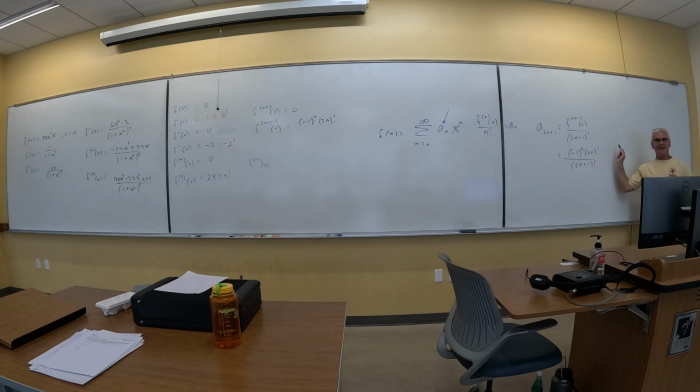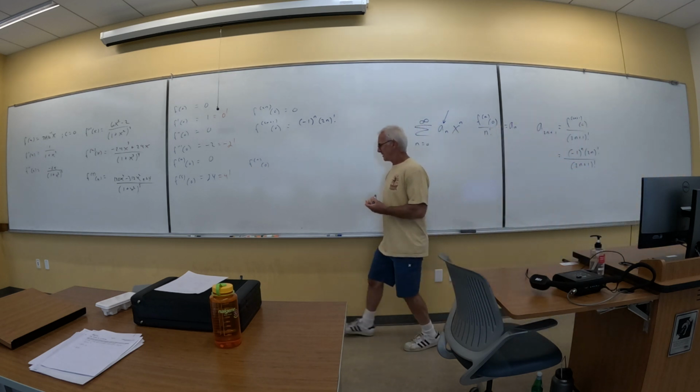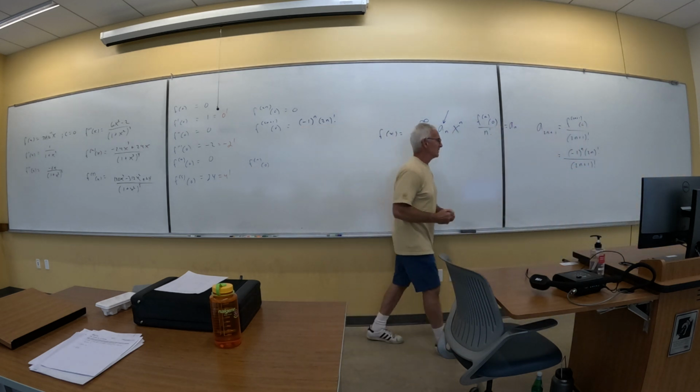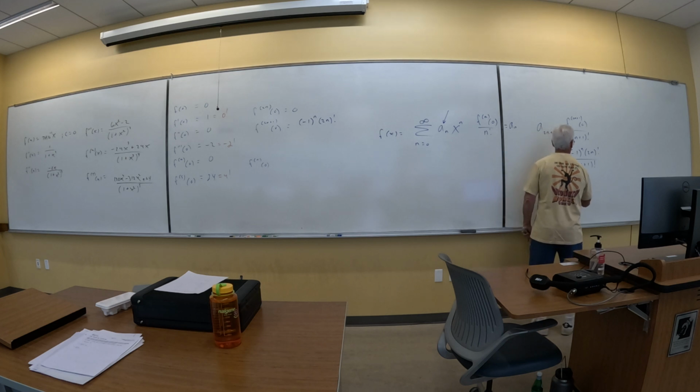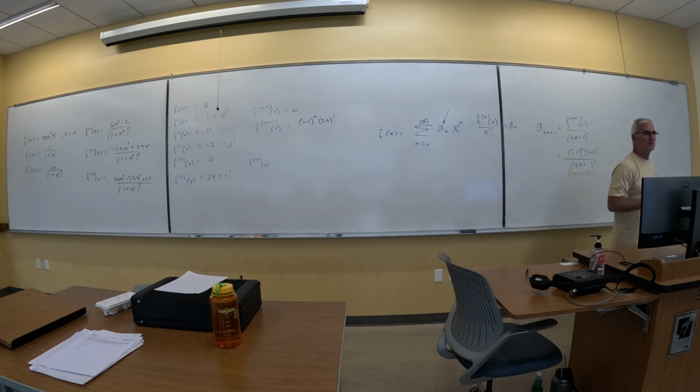Do I get any canceling here? Well, let's see. 2n plus 1 quantity factorial, isn't this 2n plus 1 times 2n factorial? In which case, I get a lot of canceling, don't I? That's just going to be negative 1 to the n over 2n plus 1.